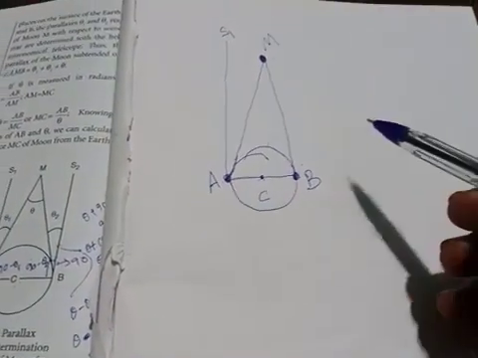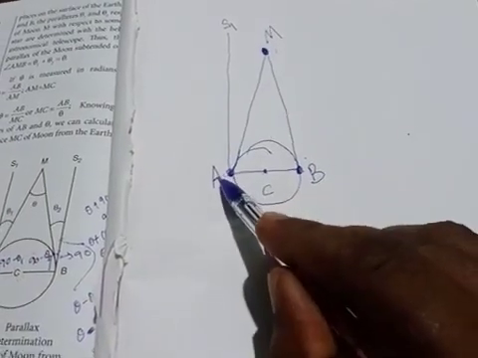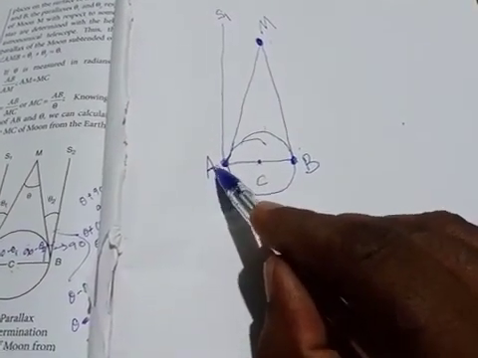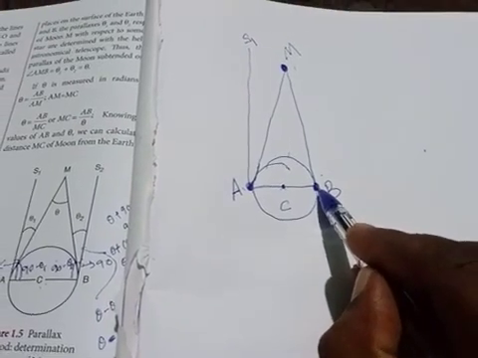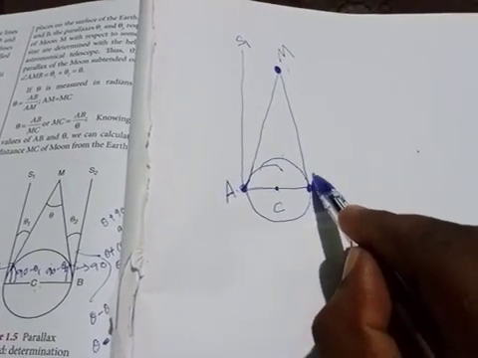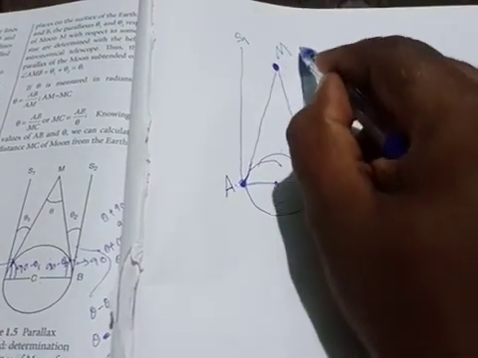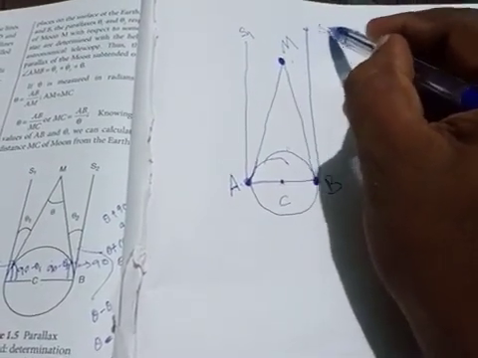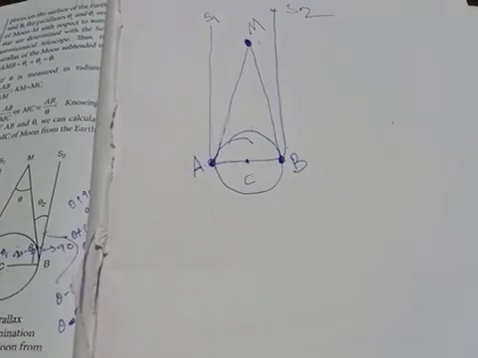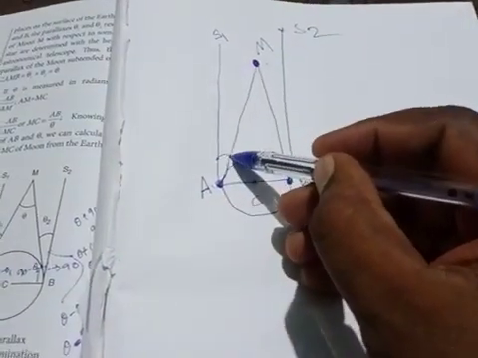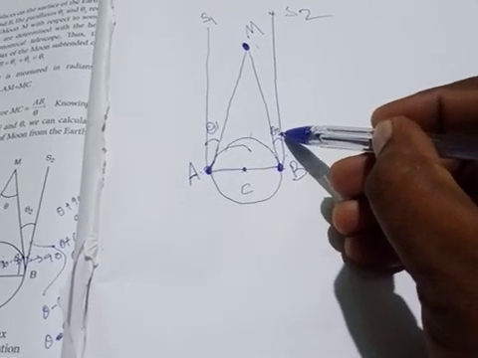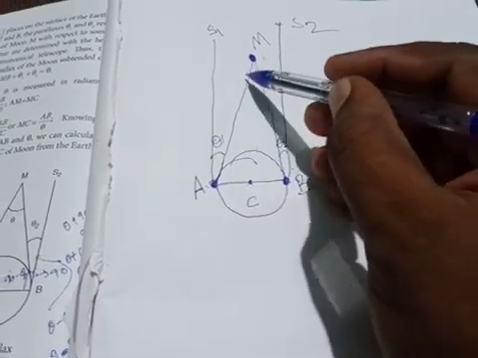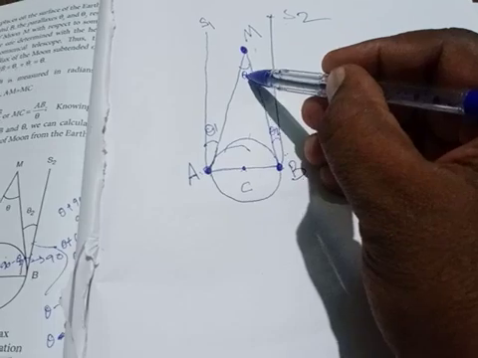The same thing, suppose you now shift your position to another place on the earth. Now when you are observing, you can see that the moon is in this place. That is S1, S2, and this angle you can take as theta 1, this angle you can take as theta 2, and this you can take as theta.